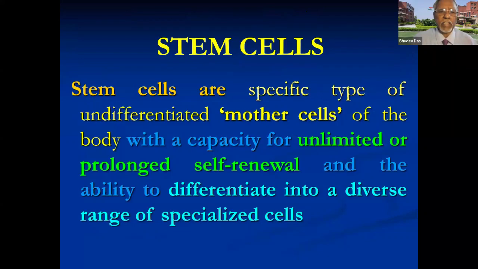These stem cells are a specific type of undifferentiated mother cells of the body with a capacity for unlimited, prolonged self-renewal. When there is a need, they can replace cells and have the ability to differentiate into a range of specialized cells, including the gametes, the ovum and sperm.